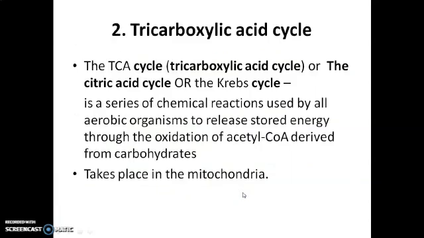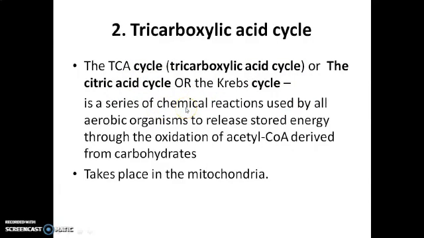Now going to the next step, which is called the tricarboxylic acid cycle, the short form of which is TCA cycle, or it is also called the citric acid cycle, or as I already told you, the Krebs cycle. Now what is this Krebs cycle? It is a series of chemical reactions.